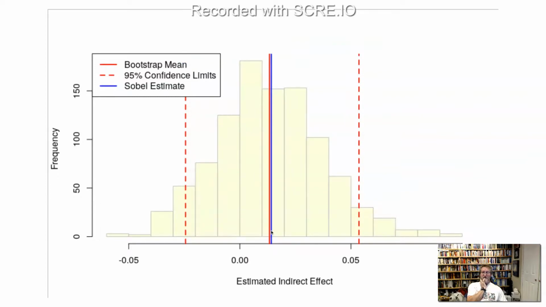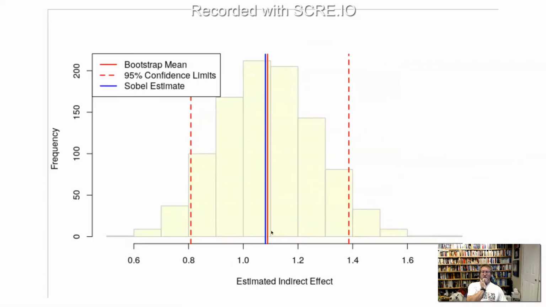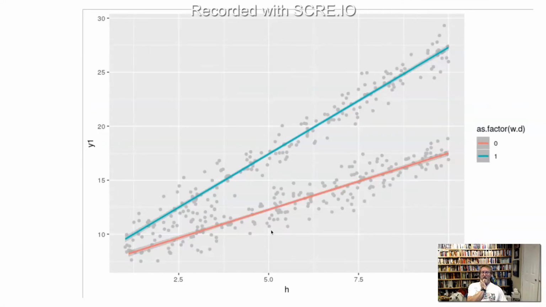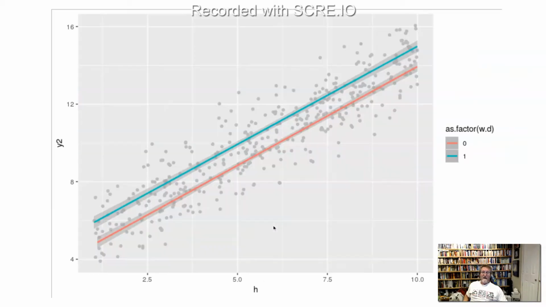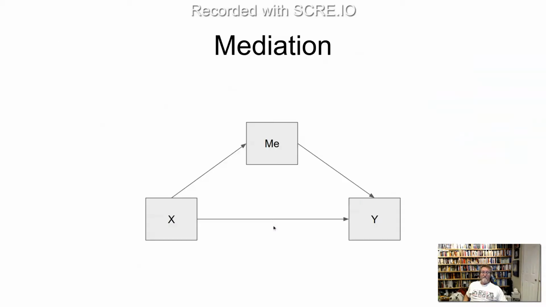So I've got two models that I estimated. One was a moderation model, and I found that there were three different types of moderated effects. I demonstrated my proficiency at interpreting moderation, hopefully with some aplomb. Then I have a mediation model, which posits both a direct and an indirect effect.